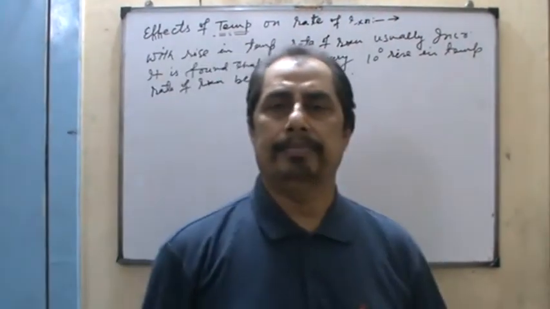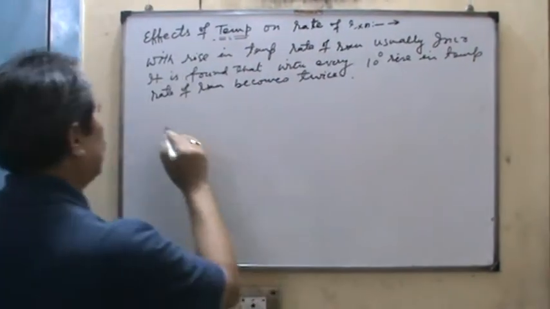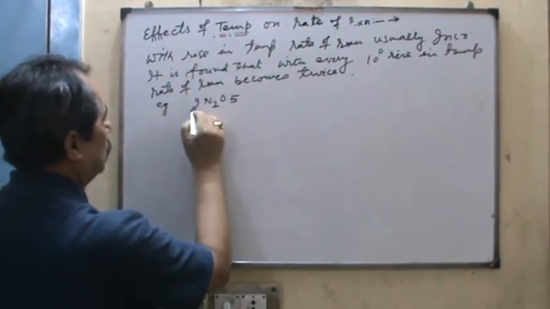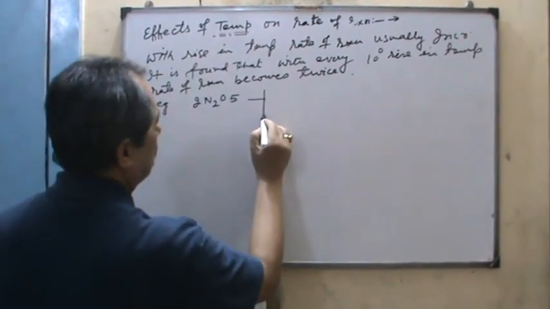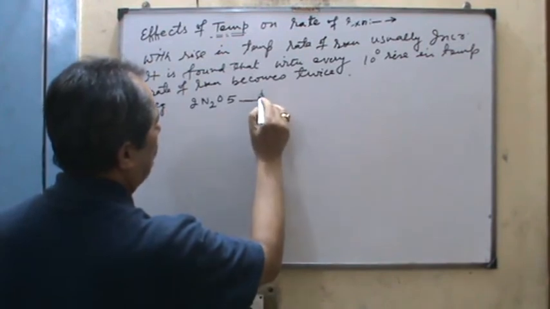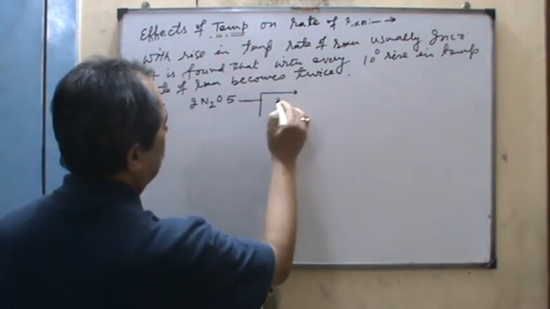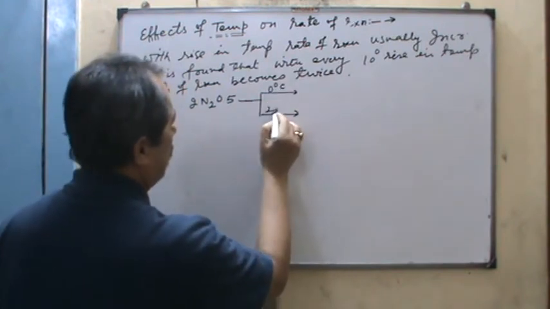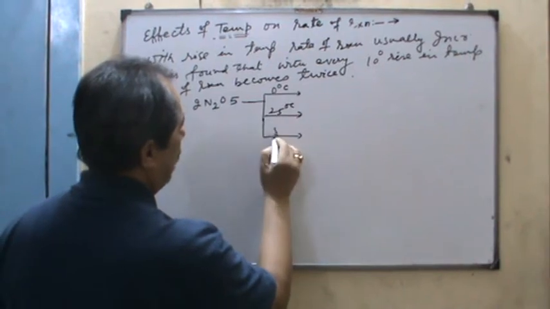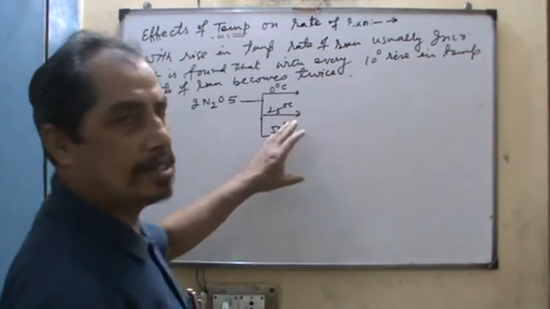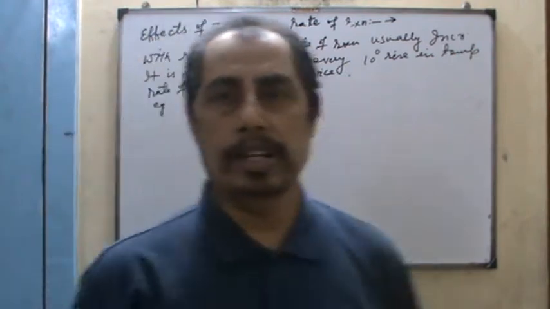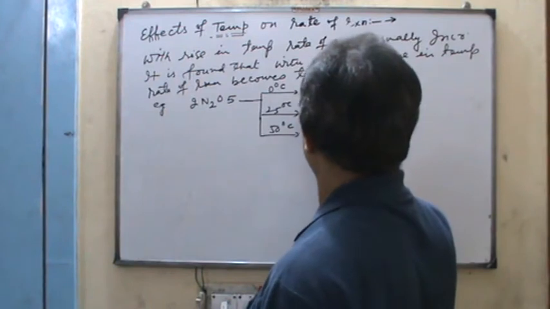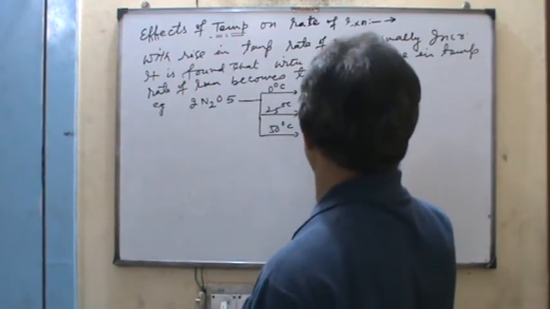Just to imagine, if you want to decompose, for example, dinitrogen pentoxide, at 0 degrees Celsius, 25 degrees Celsius and 50 degrees Celsius. At 0 degrees Celsius it takes 10 days to complete the reaction.